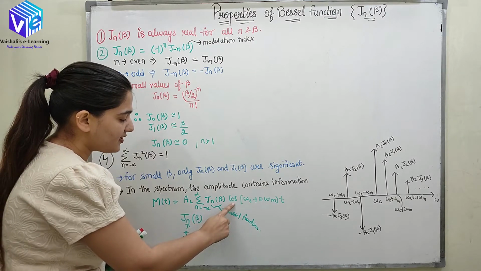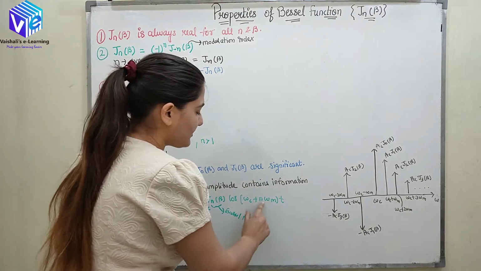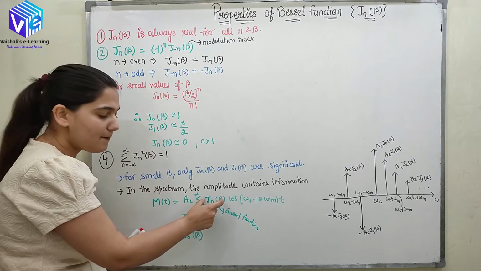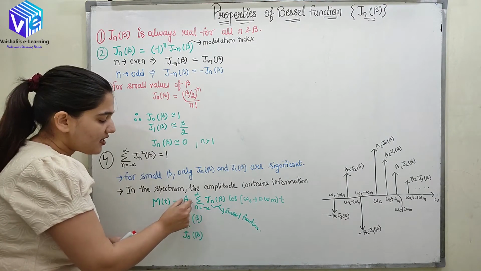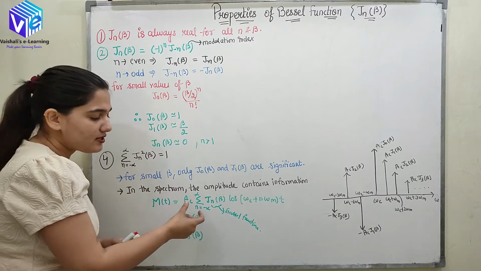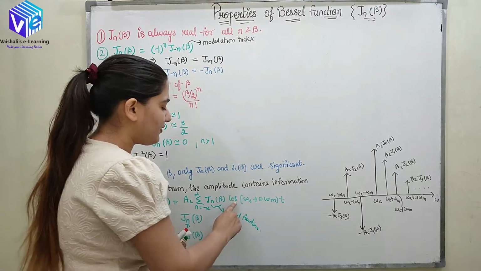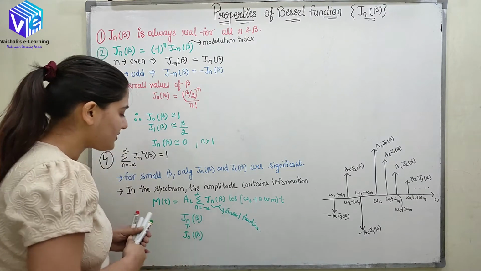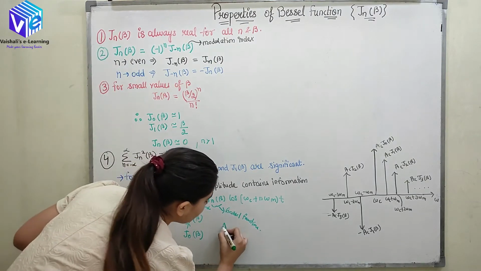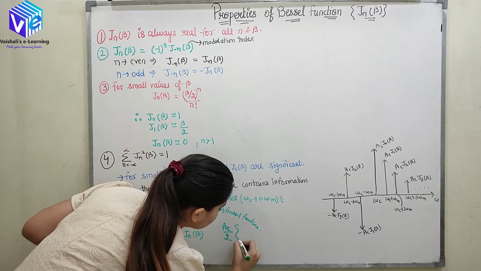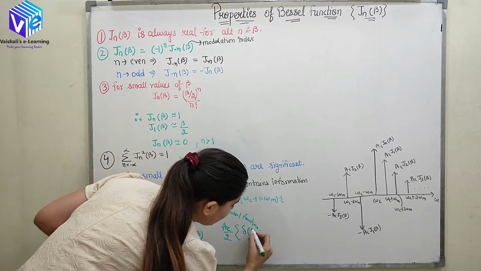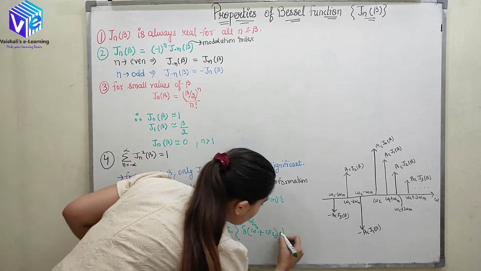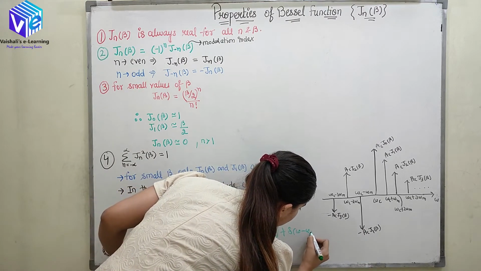I took the frequency spectrum of cos(omega_c + n omega_m)t, because this is a real number, it's also constant, A_c is constant. So now the frequency spectrum will depend upon cos, and the frequency spectrum of cos was A_c by 2 times delta(omega + omega_c) plus delta(omega minus omega_c).